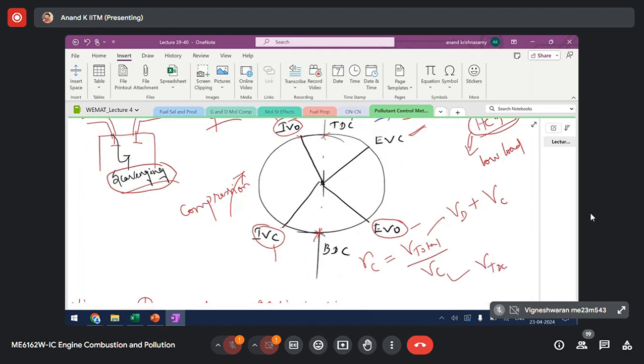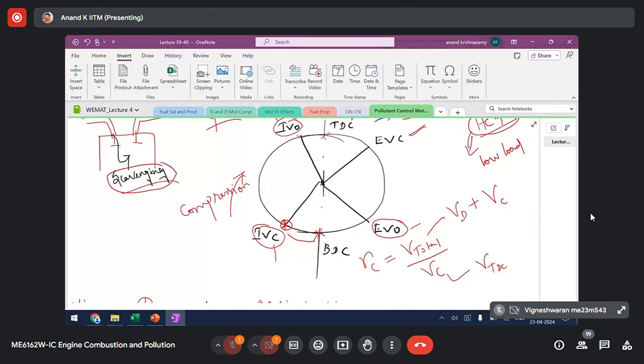Rather, when will the compression effectively start? After the inlet valve closes. After the inlet valve is closed. Because during this period of time the valve is in the open condition, some charge is entering. So there is no effective compression until this point of time.